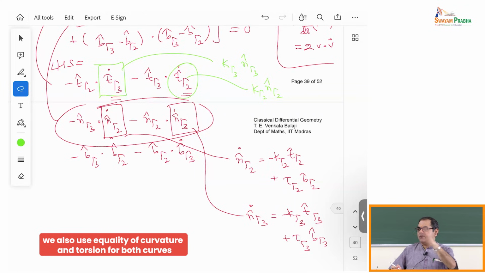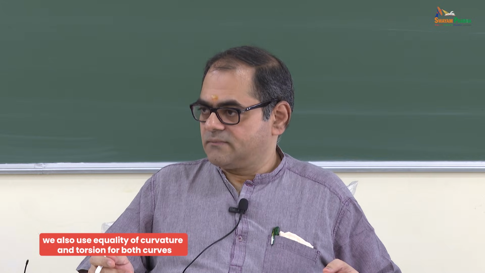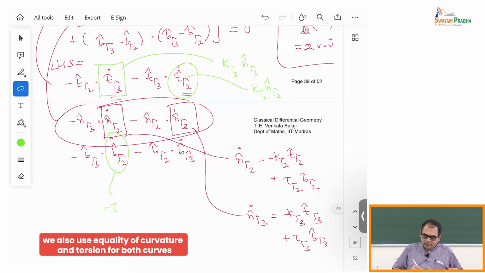Convert all the dots into terms without dots by using the Frenet-Serret relations, and then everything will get cancelled. Similarly, this one needs to be written as minus tau gamma 2 times n cap gamma 2, and this one will become minus tau gamma 3 n cap gamma 3. You substitute all this and you will get 0.